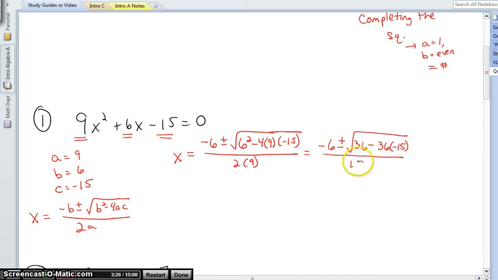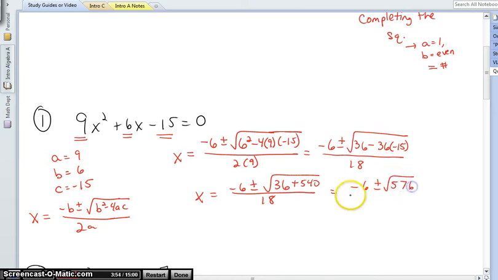You want to make sure you keep your calculator close to you so that I can do negative 36 times negative 15. Since it's a negative times a negative, I'm going to get a positive 540. 36 plus 540 is 576. That's a perfect square.